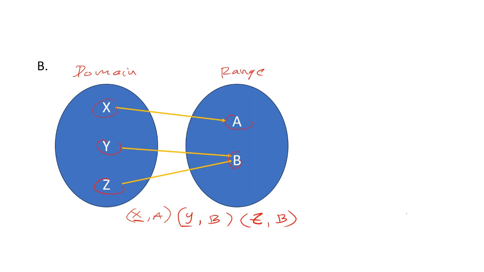X is not repeated, right? So therefore, this is a function. And this is what we call many to one.